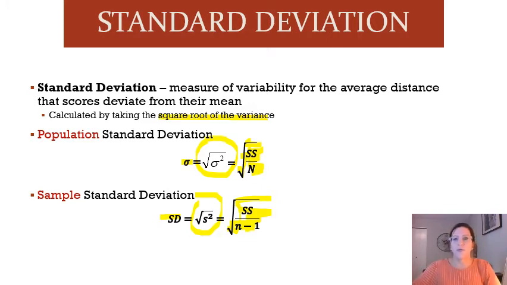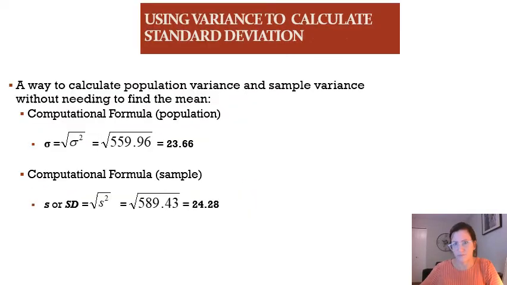So here's what we would be looking at for the calculations that we did. We have the 559.96, which was the population variance. We just take that square root, and we end up with 23.66.